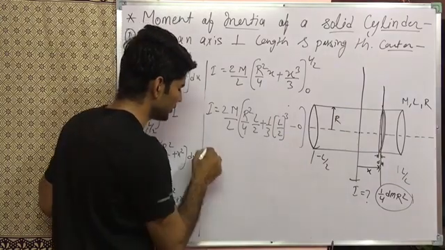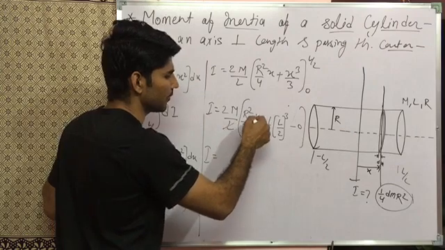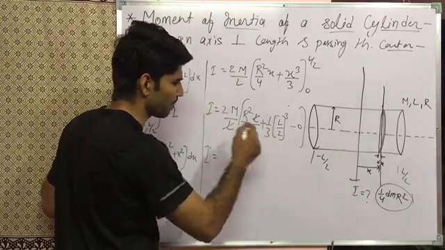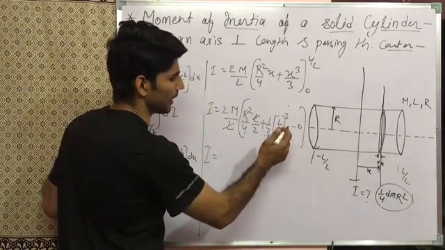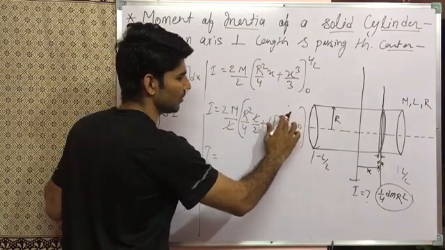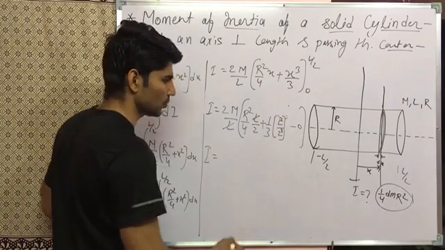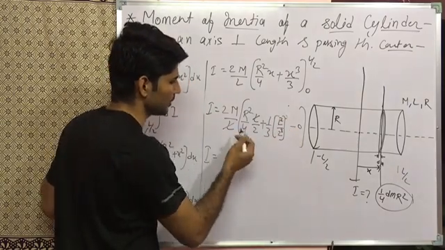When I solve it, I can cancel out L with L, and the 2 cube becomes L square over 2 cube.